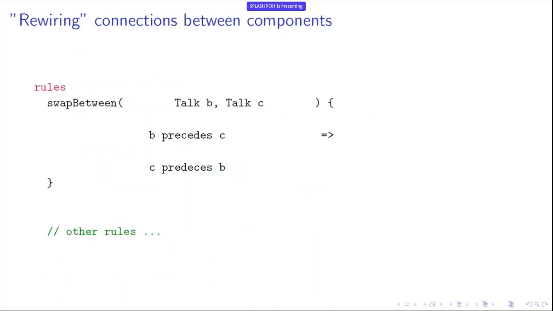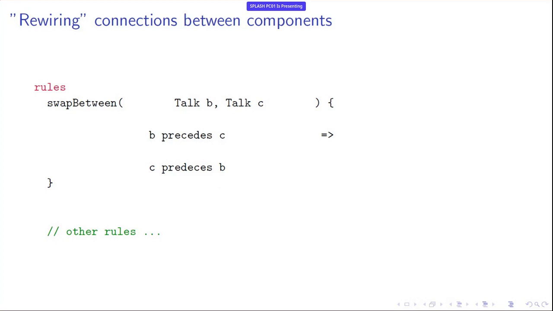So now we can finally talk about transformation rules. These are the rules that enable us to implement structural transformations. So a transformation rule has preconditions and postconditions separated by this double arrow here. And as I mentioned earlier, it matters where in the structure you're making the change. So swapping at the beginning of a list is different from swapping in the middle or swapping at the end.